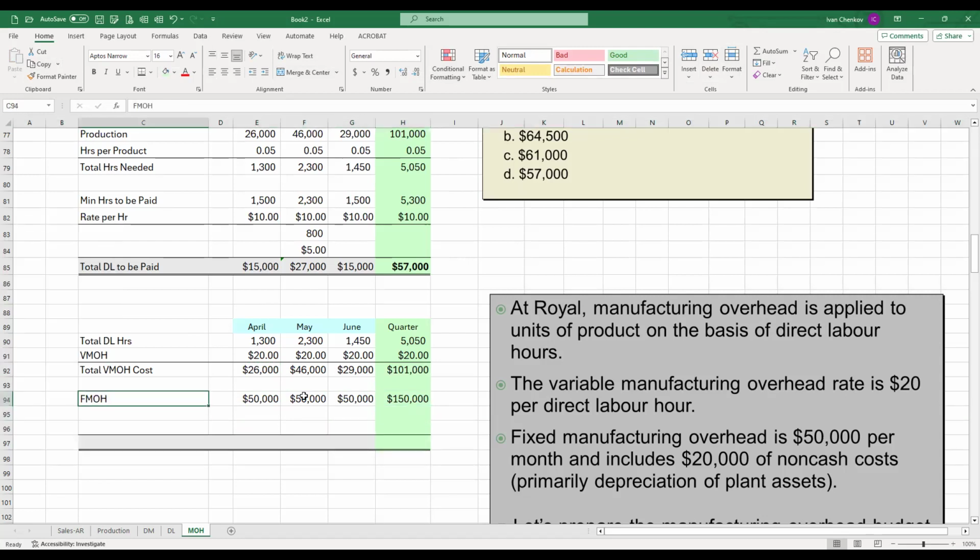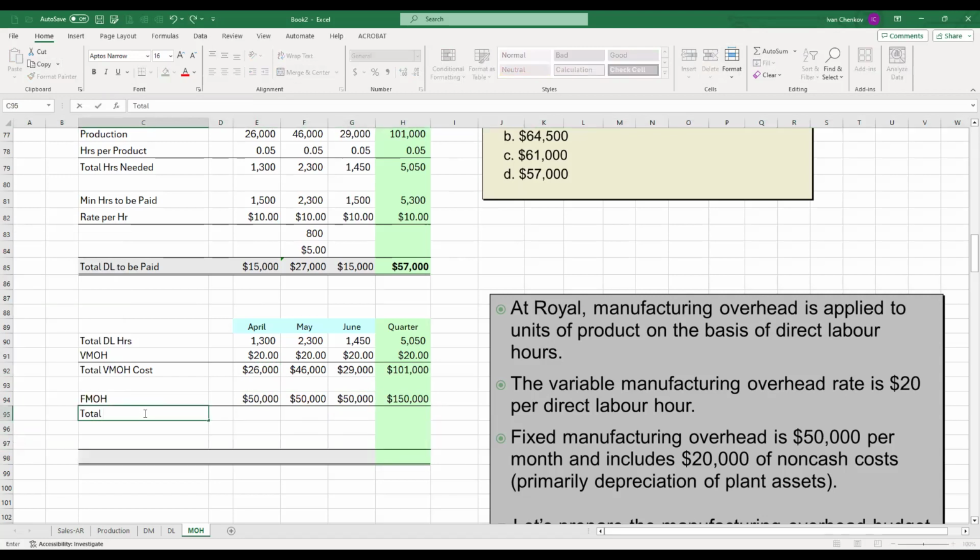So my total manufacturing cost for the period is equal to the manufacturing overhead cost.